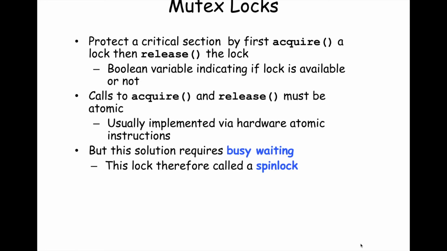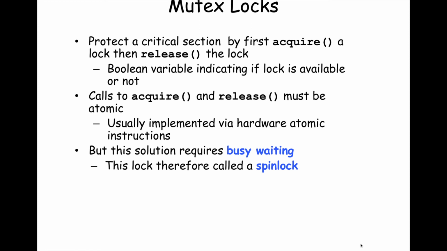The simplest is a mutex lock, and this mutex has two major functions. One's called acquire, to grab the lock, and one's called release. These would be system calls, and they make use of the atomic instructions, and they're accessed through some function call available in the computer language of interest.